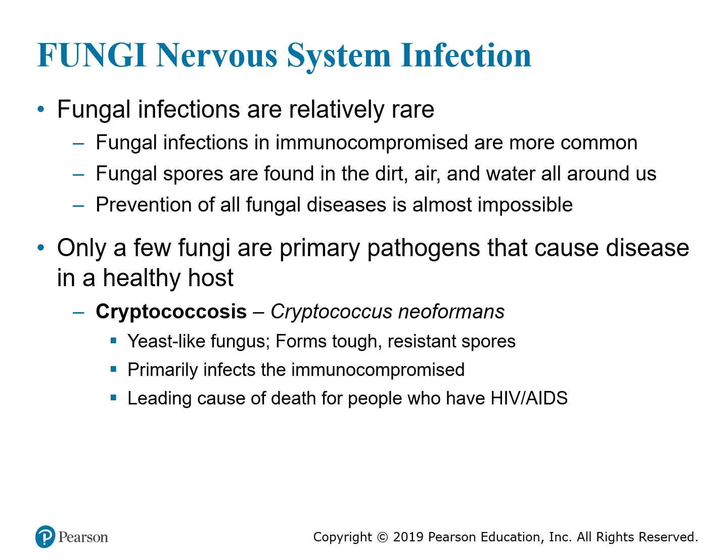One of the more common ones that we see in a healthy person would be Cryptococcus. This is a yeast-like fungus that forms resistant spores, and it can infect the immunocompromised, and it can actually lead to death of patients who have HIV and AIDS.